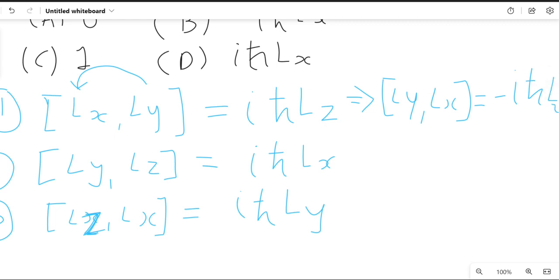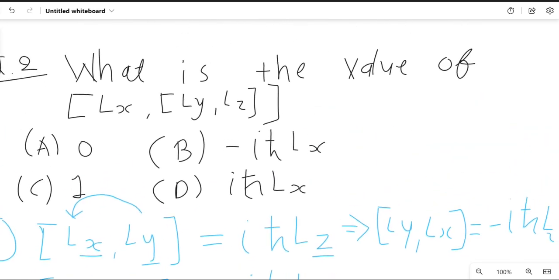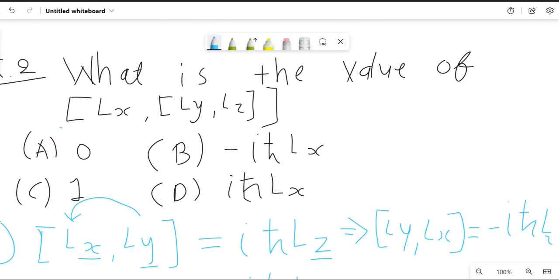You can remember it like this: x, y, z; y, z, x; z, x, y. So it is cyclic. Here you are given Lx, Ly, Lz, so it is cyclic, x, y, z, and it must equal 0. So the correct option will be 0.